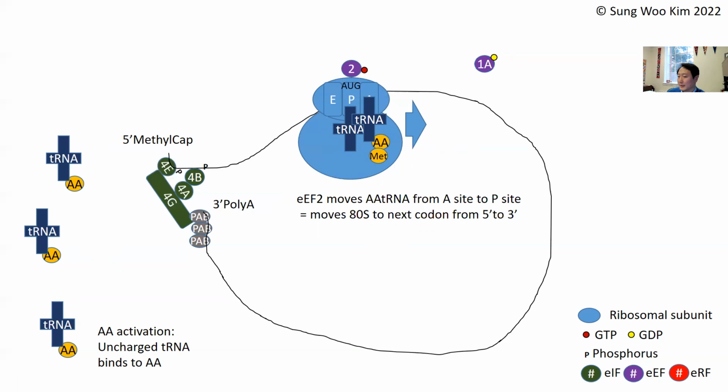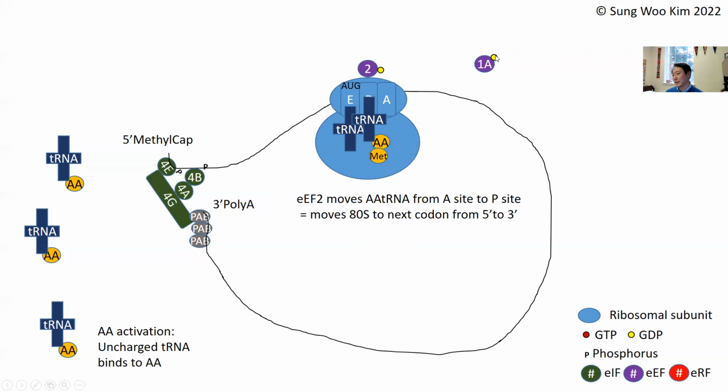This process will consume GTP. So this GTP attached to elongation factor 2 now became GDP. And earlier, when elongation factor 1A brought an amino acid tRNA, it used GTP. Now it has a GDP. So there is energy spending here.